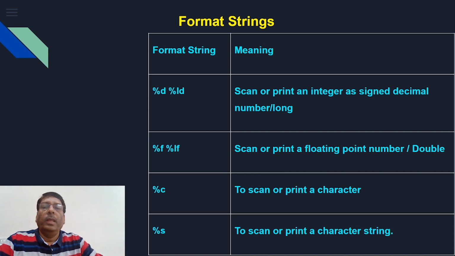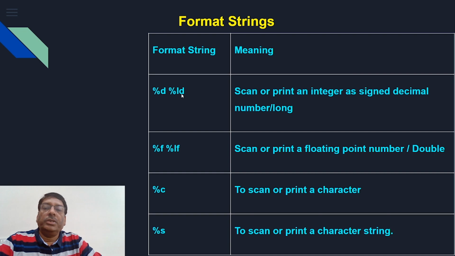So the format string over here, and the meaning of that, if you see, %d, the format string which we make use of in order to accept any integer value. So if I say %d, it means I am going to accept an integer value. It can be used in scanf as well as your printf statement.